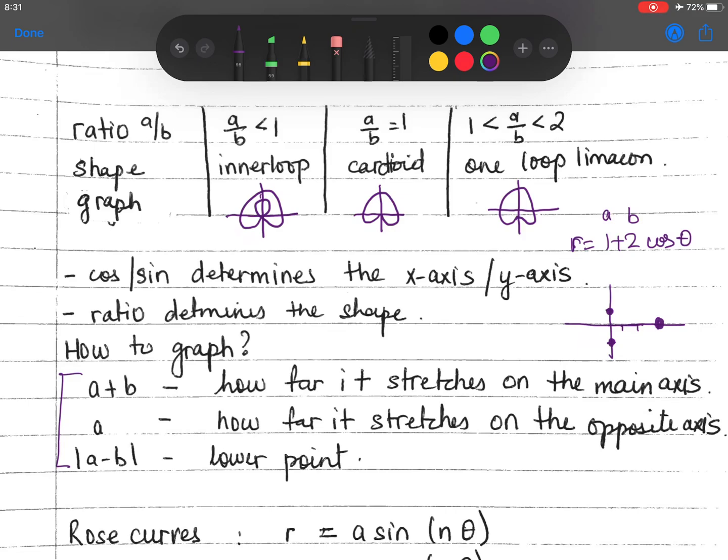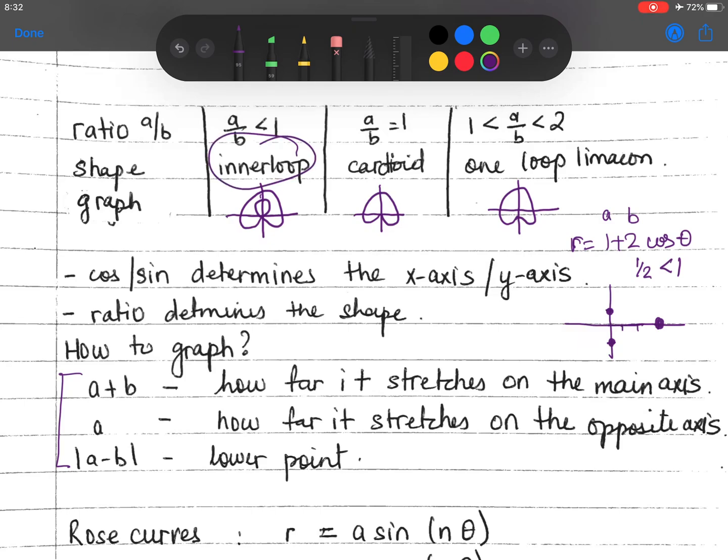And A minus B is your lower point. If I do the absolute value of A minus B, which is just 1, it's your lower point. Now, before I even determine the lower point, I should have first recognized which shape it is. If I do the ratio of 1 over 2, which is less than 1, it is the inner loop limacon.